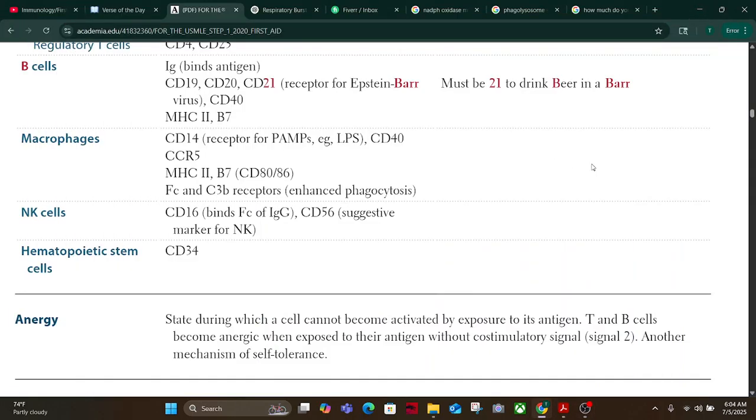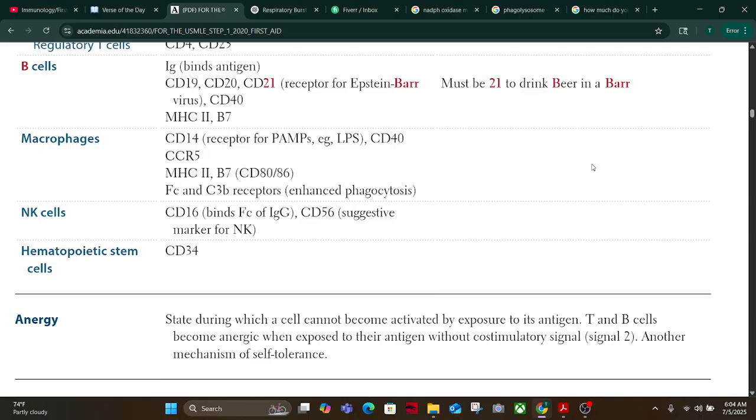So what they're saying is T and B cells become anergic if they don't have a co-stimulatory signal. So they need the second signal. T and B cells need the second signal to become fully active. If not, they just become non-energetic is how I think of it.